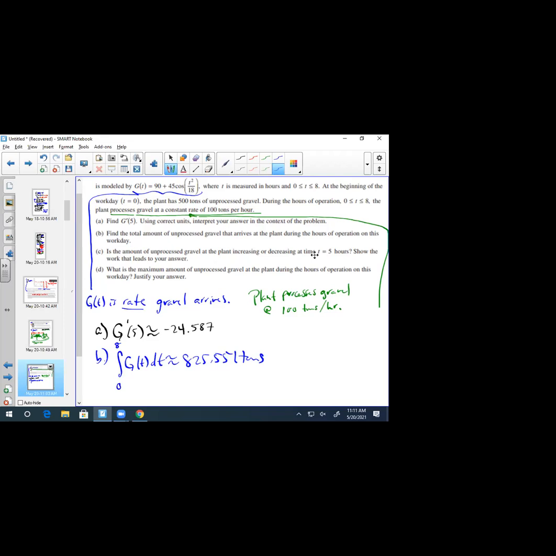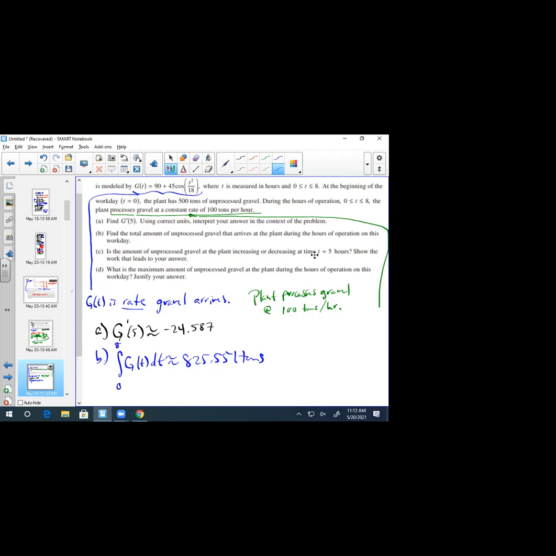Then it's coming in at 107 tons per hour, but it's being processed at 100 tons per hour, so the amount of gravel is increasing. If G of 5 is 95 tons per hour, then the rate that it's coming in is 95, but you're processing it at 100, so therefore the total amount is going to be decreasing, right?